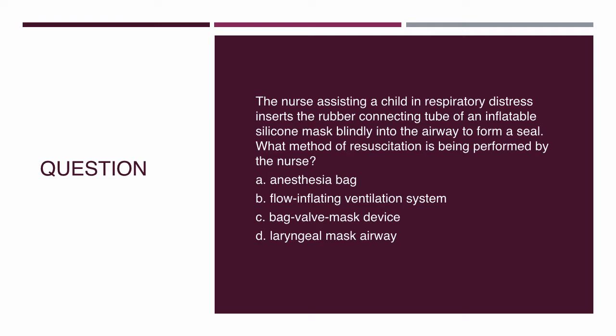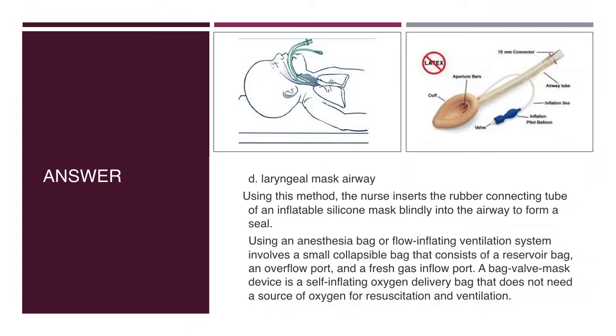So what they're describing is the laryngeal mask airway. It is this laryngeal mask, and using this method, the nurse inserts the rubber connecting tube, which is this little area over here on the right.